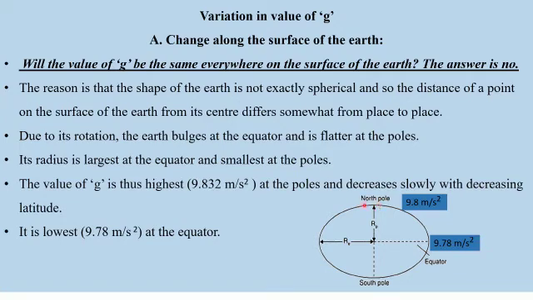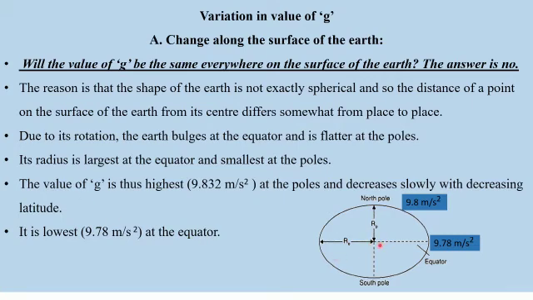The value of g is thus highest, that is 9.832 meters per second square at the poles, and decreases slowly with decreasing latitude, and it is lowest, that is 9.78 meters per second square at the equator.